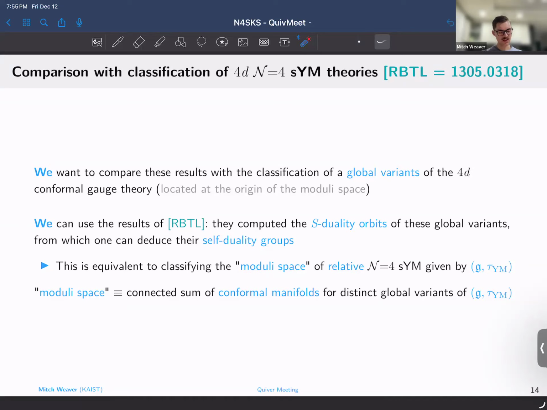This is effectively equivalent to classifying what you might call the moduli space of the relative N equals 4 super Yang-Mills theory, given by the pair that defines the local data of the conformal gauge theory. By moduli space here, I mean the connected sum of the conformal manifolds for the distinct global variance of the relative theory.